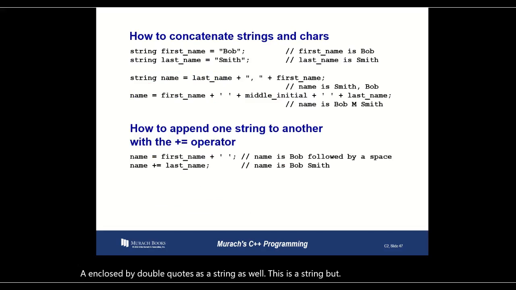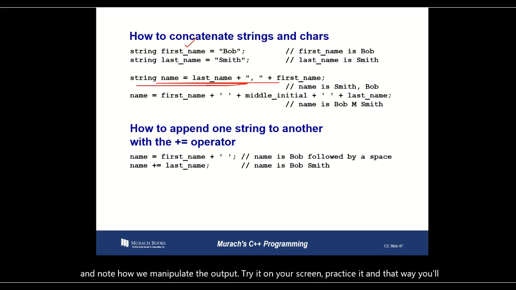Okay, you can concatenate strings and chars. It's very simple because you can just put the plus sign and note how we manipulate the output. Try it on your screen, practice it, and that way you will understand. So what it does, it prints the last name, so that's the Bob. It's the variable, right? Or identifier.